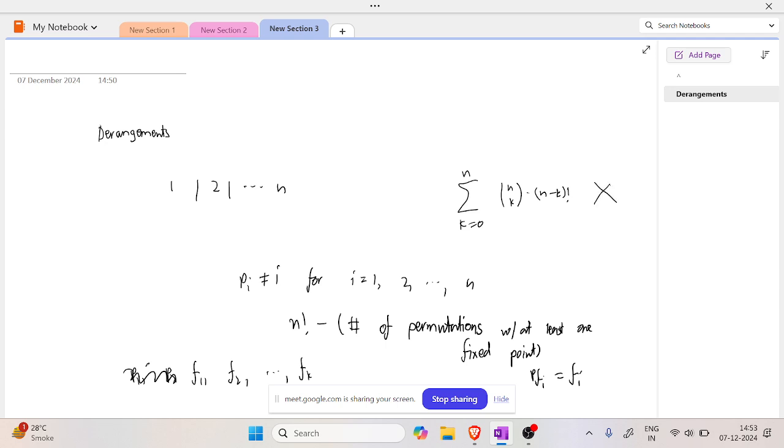No, obviously we don't do that, because we only said that these are fixed points. We did not say anything about the rest of the points. As I said, they could be fixed points or they could not be.